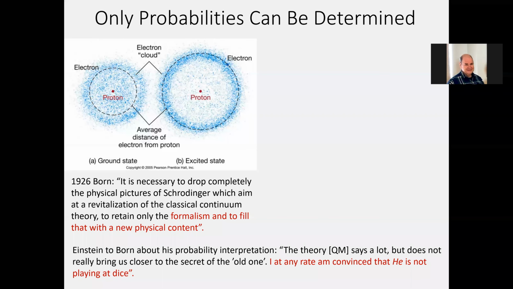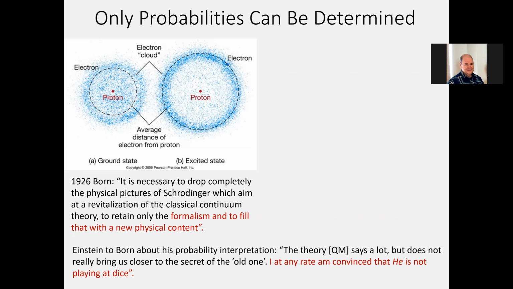Born is saying we have to drop this attempt of Schrodinger of trying to say that what this wave function is showing us is the amount of the electric charge. The electron's electric charge is some number of times 10 to the minus 19th coulombs, a tiny, tiny amount of electric charge. That wave is not showing us how the electric charge is smeared out in space.